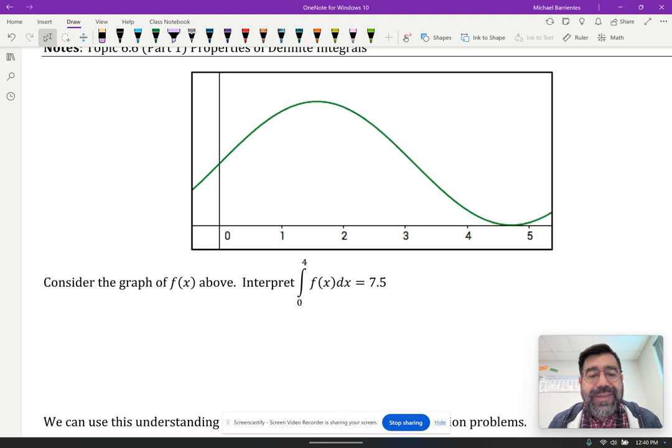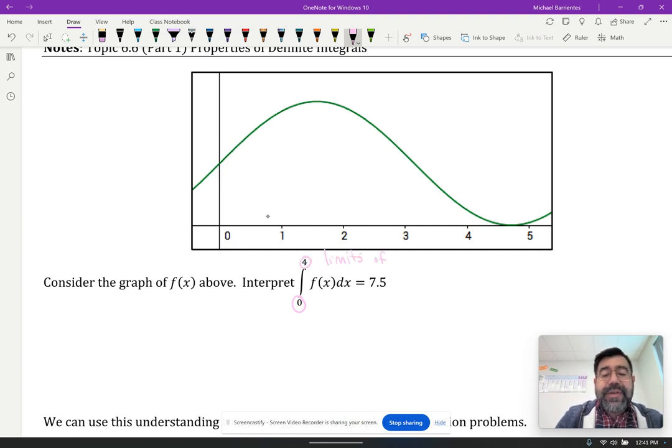We're going to use this symbol right here to determine the definite integral. These numbers that are here and here are called the limits of integration.